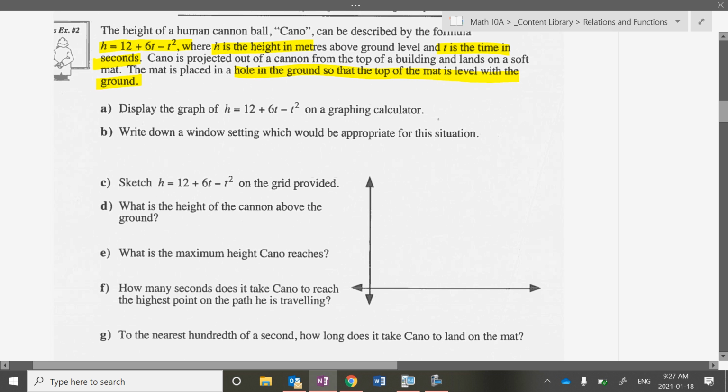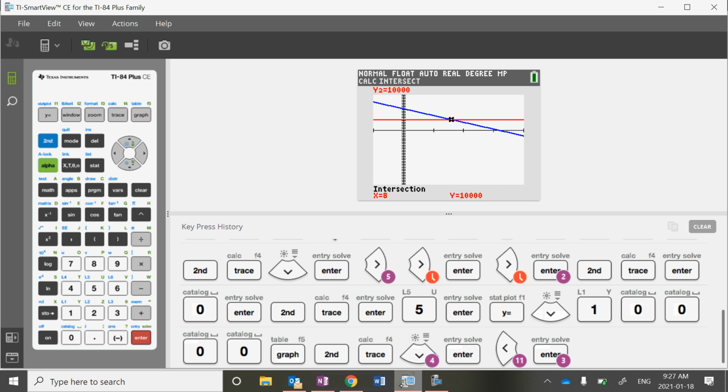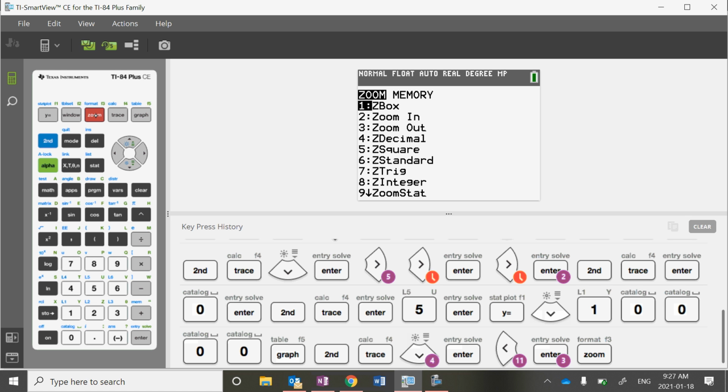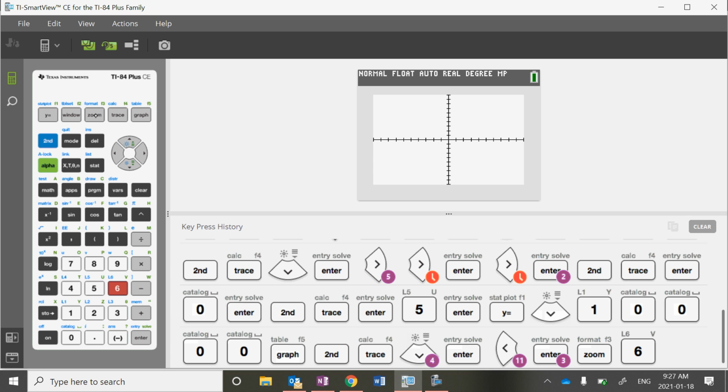So let's graph this in our calculator. Something that might be good to do right now, before I clear everything, is go to Zoom and go to ZStandard, so 6, just so that way I'm back at my neutral point of the tens. Otherwise, sometimes you forget that and you feel like you messed up when you typed in your new equation.